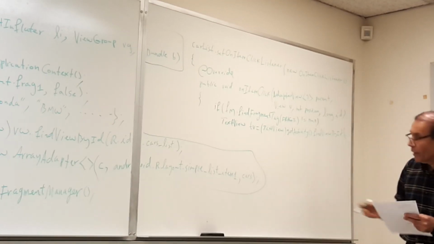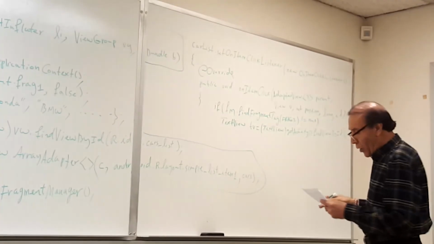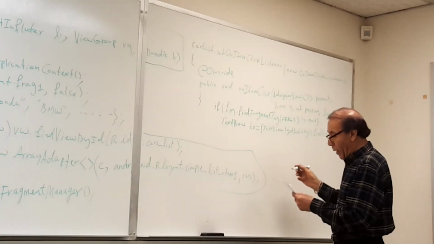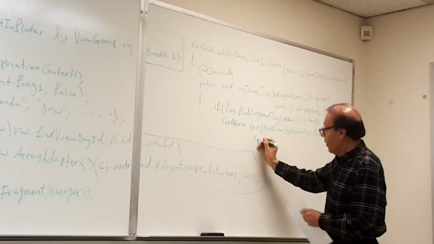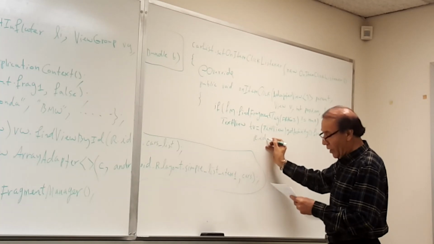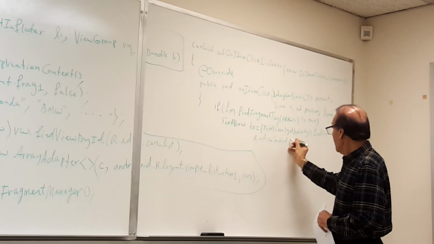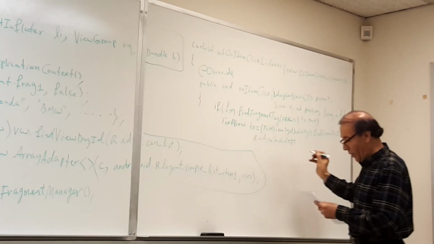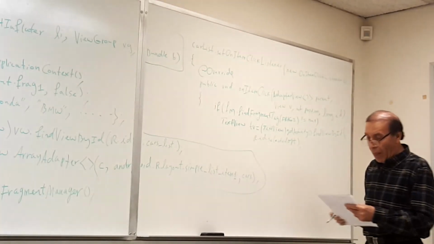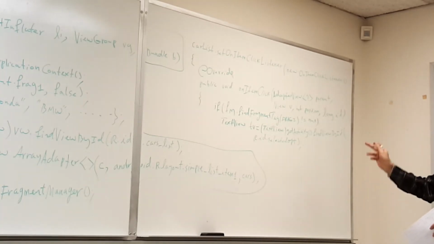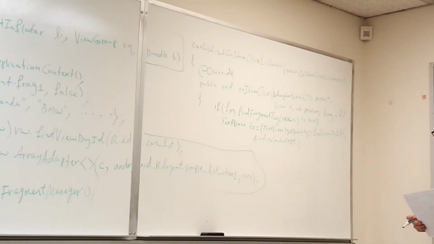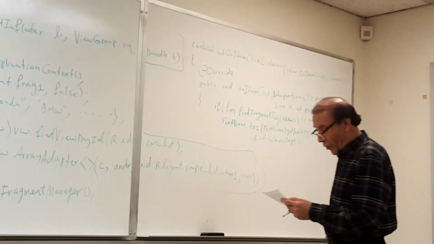Parenthesis, and go for R.id.selected_opt. If it is not null, then create the text view, and right after that.